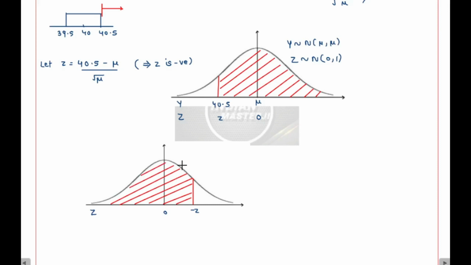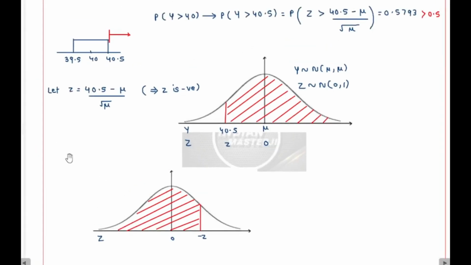Why are we taking the left side area, why not the right side area? Because the standard normal distribution table, as we know, gives the values only for the left area, not for the right area. So can I say that probability of z greater than this z value is as good as saying probability of z less than minus z?